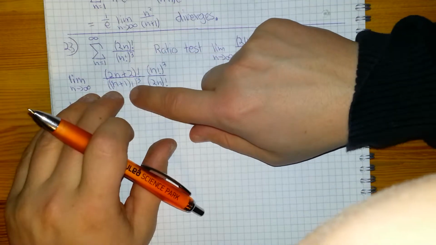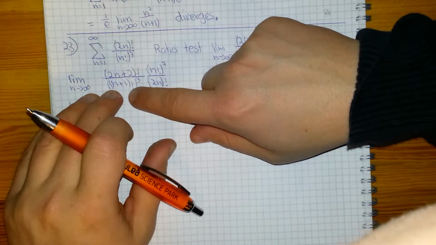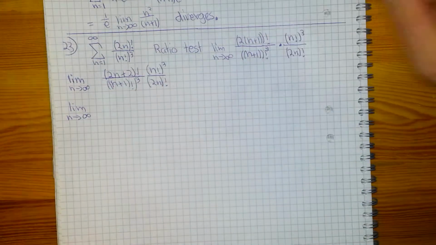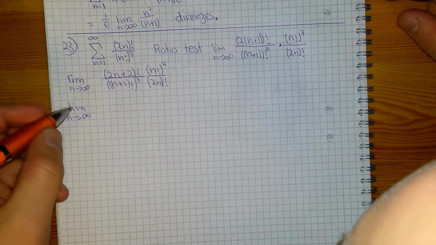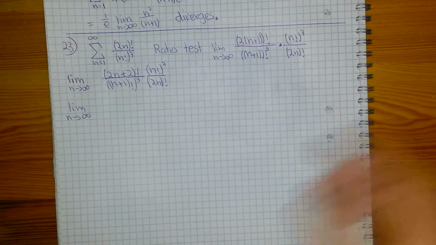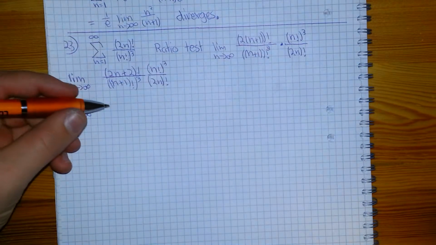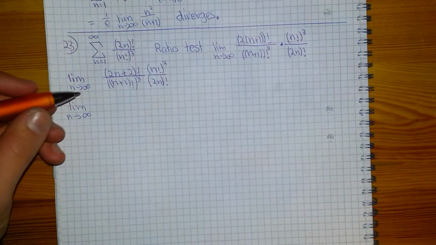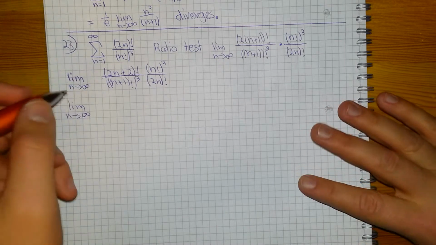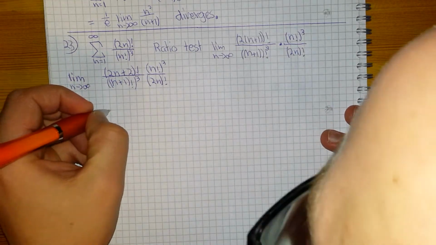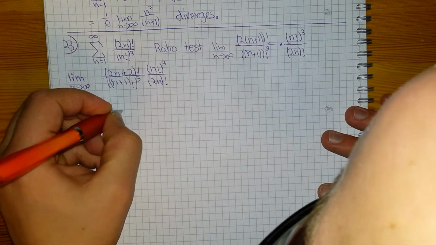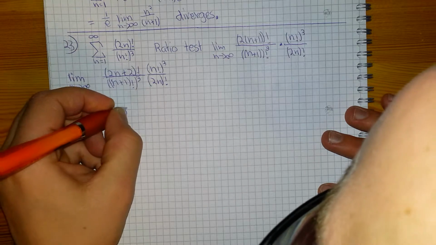The only difference is that we multiply this with 1 plus n. So if we write this, we'll only get the last factor cubed, which is n plus 1 cubed.